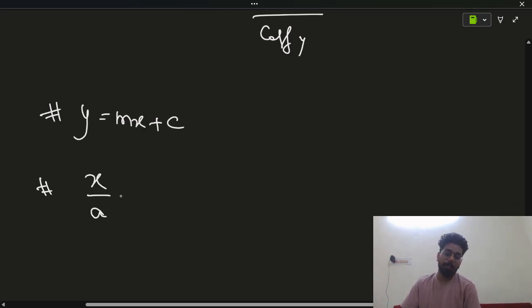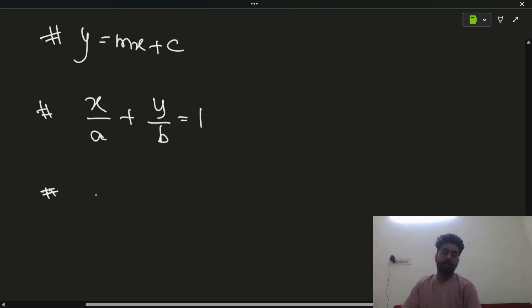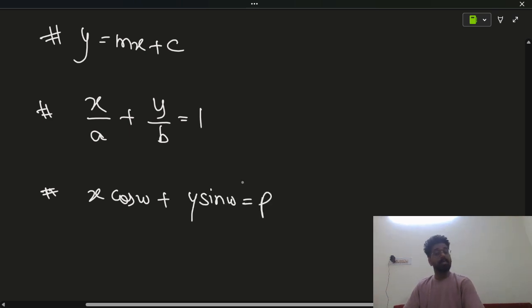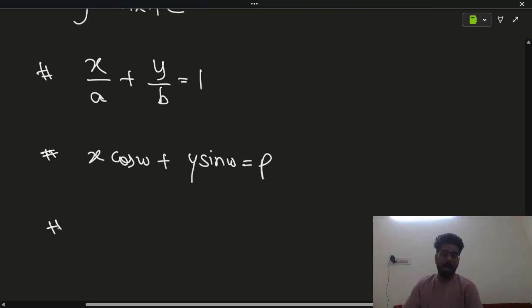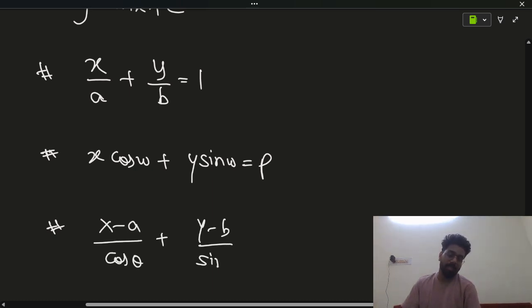x by a plus y upon b is equal to 1 is your intercept form, and x cos w plus y sin w is equal to p is normal form. x minus a upon cos theta equals y minus b upon sin theta, sorry, this is equal to mod of r.